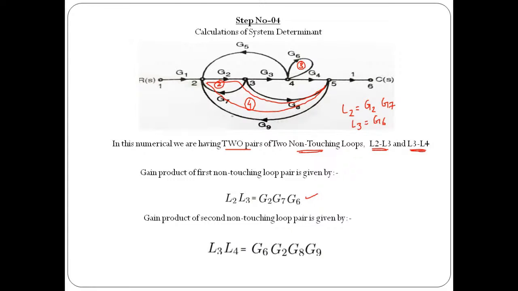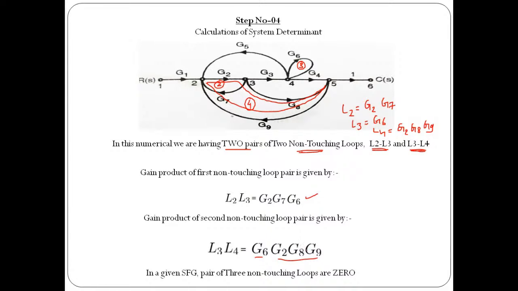L3 will be G6, and L4 is G2, G8, G9. So we need to multiply them, G6 multiplied by G2, G8, G9. These are very important in order to calculate the value of delta.